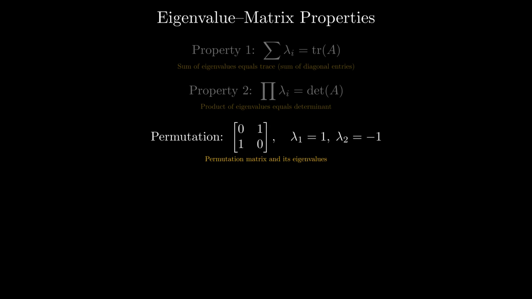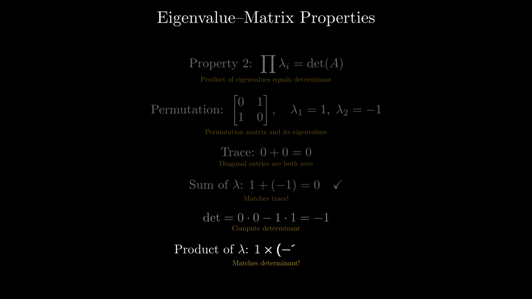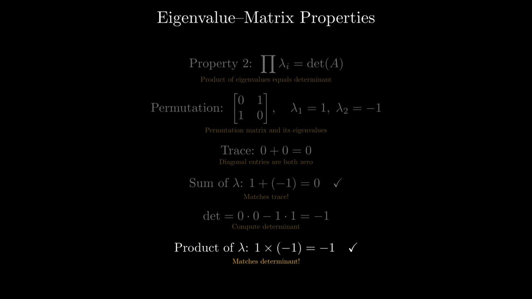Its diagonal entries are 0 and 0, so the trace is 0 plus 0, which equals 0. The eigenvalues are 1 and -1. Their sum is 1 plus -1, which equals 0. That matches the trace. Check. Now the determinant. 0 times 0 minus 1 times 1 equals -1. On the product of eigenvalues, 1 times -1 equals -1. That matches the determinant. Check.